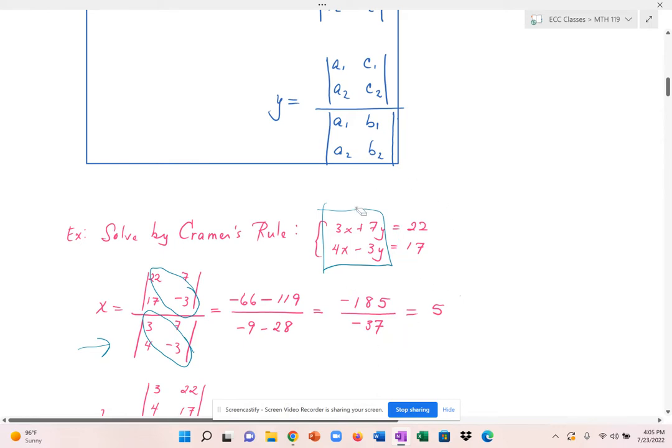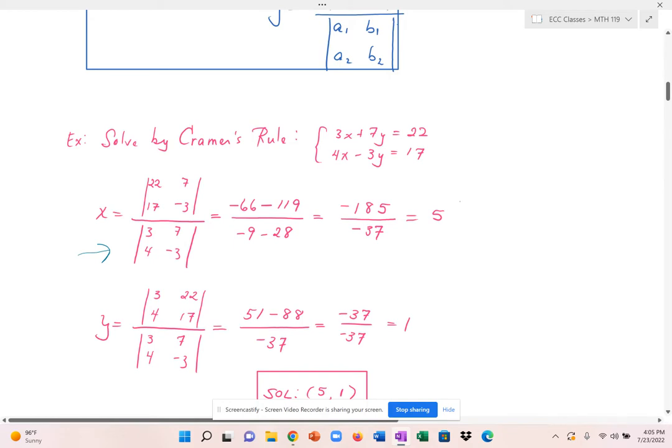So if you find a solution for x, you will certainly be able to find a solution for y. The denominator will be the same, so my denominator here is still negative 37, but this time the second column is what gets replaced with the constants. The first column should be the same as below, 3, 4.